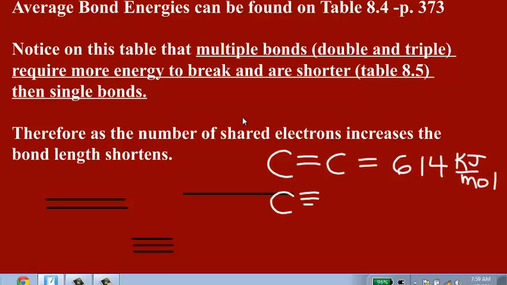However, carbon triple bonded to carbon is 839. So you should recognize that multiple bonds require more energy than single bonds.